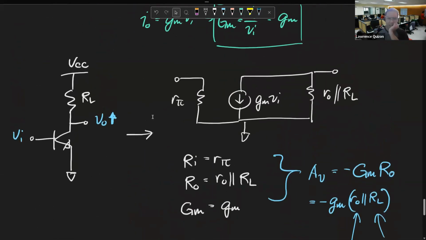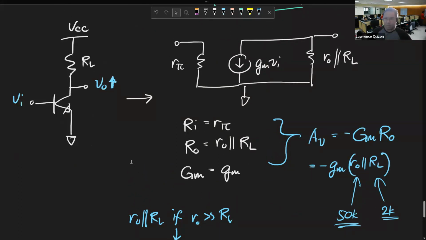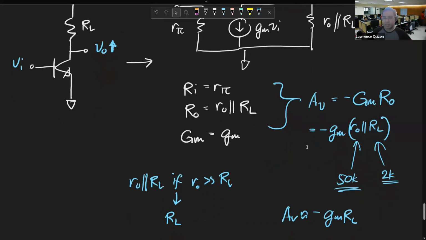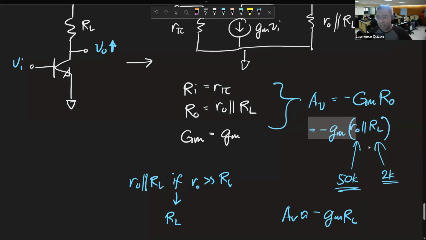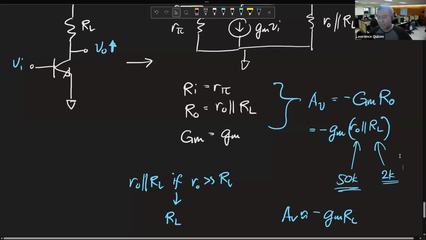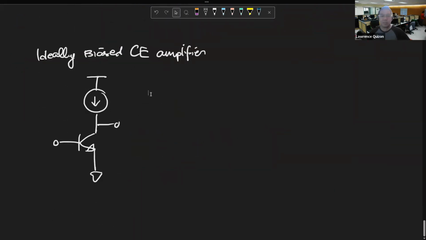Up here, we saw that RL is the reason why we're losing gain. If RL wasn't here, if RL was infinite, our gain would be GM R out, which means that our gain increases. This is 50K as opposed to 2K. So I just need to get rid of RL. So the ideal biasing would be to use a current source. So spoiler alert, current sources don't actually exist.